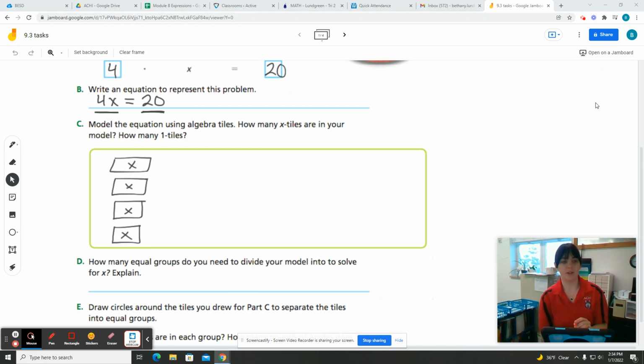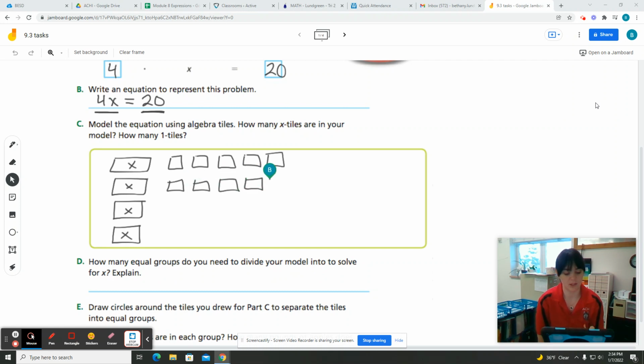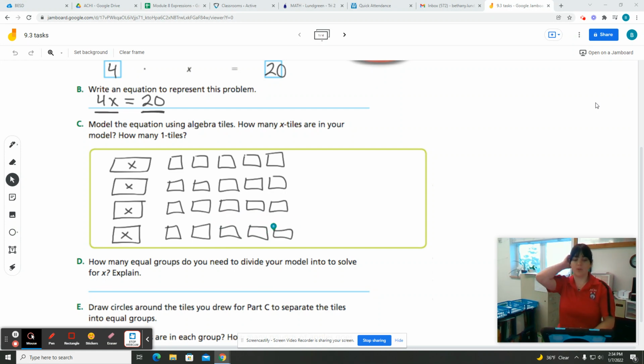And then we're going to put our 20 next to them like this, where we have 1, 2, 3, 4, 5, 6, 7, 8, 9, 10, 11, 12, 13, 14, 15, 16, 17, 18, 19, and 20. Okay? So we have 4 X tiles and we have 20 1 tiles. And if you want, you can write 1 in all those boxes, but I'm not going to.